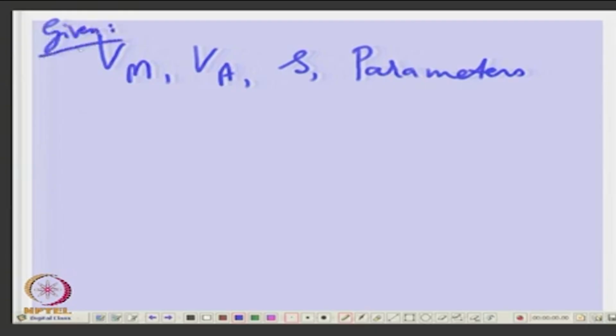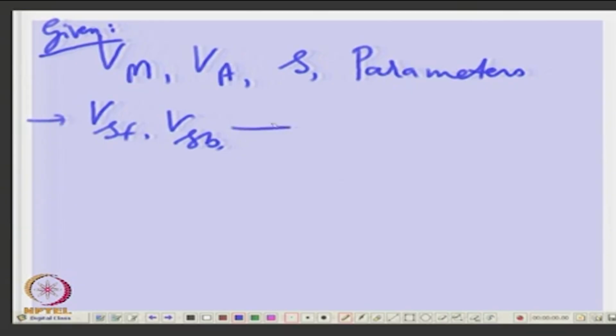For a given induction motor, you are given the parameters of the equivalent circuit. Parameters means all the Rm, Ra, XLM, XLA, XF, Rm, all these things you should know. Okay. Then from these parameters, you know Vm and Va, right. So, you can know VSF, VSB, right. You know VSF, VSB, okay.